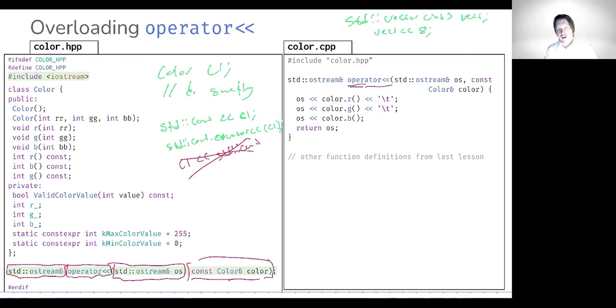So, okay, we have access to that data through the accessors, and we can simply begin inserting it into the stream. Notice how this looks is everything like if you were inserting these values to a file, or into, say, cout.